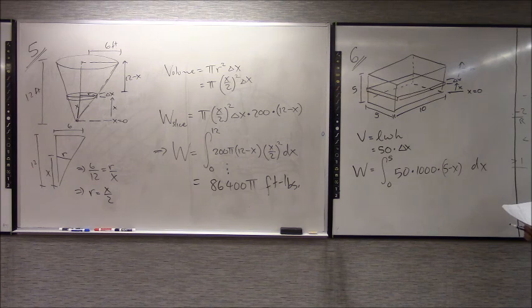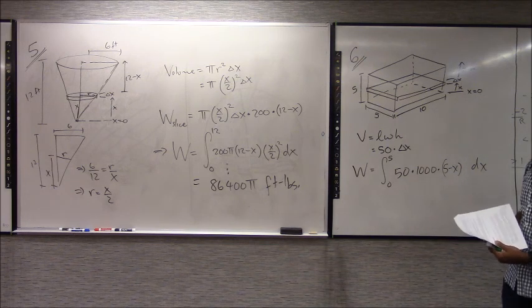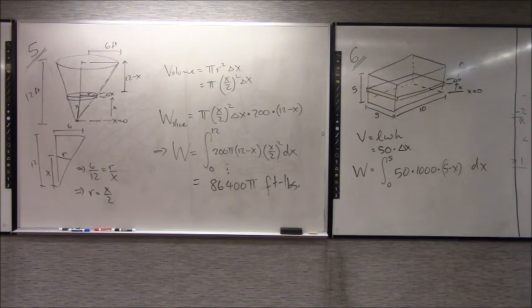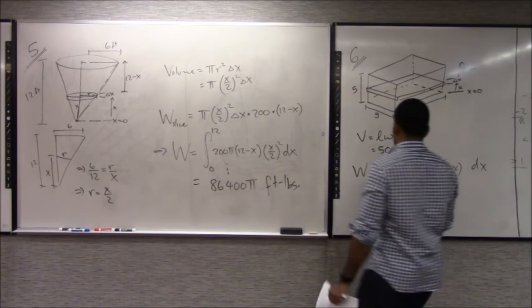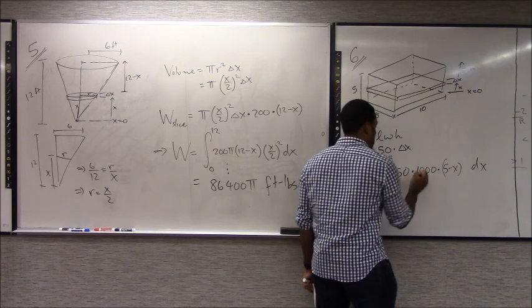Yeah, what's the issue? Shouldn't it be in kg over m squared, s squared? Well, that's what they put, it's in kg. Kg is a unit of mass, not force. For work, we need force. How do we get force if we have mass? Multiply by gravity, so there's a times 9.8.